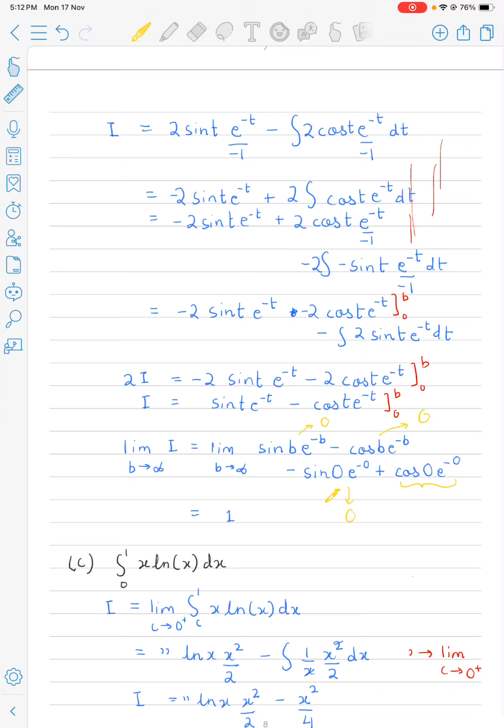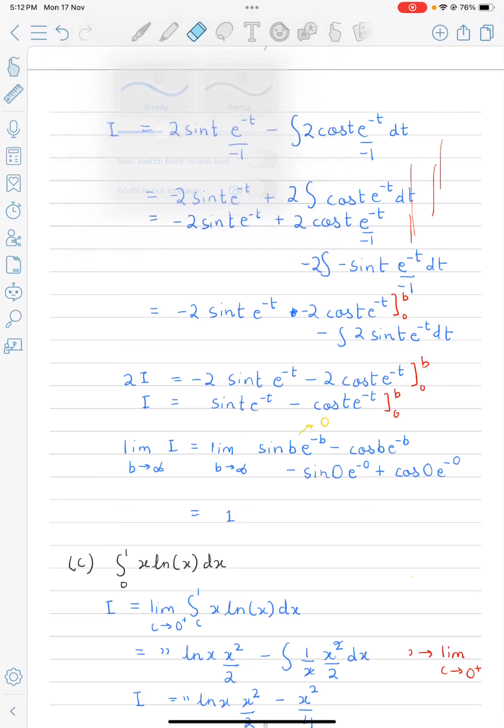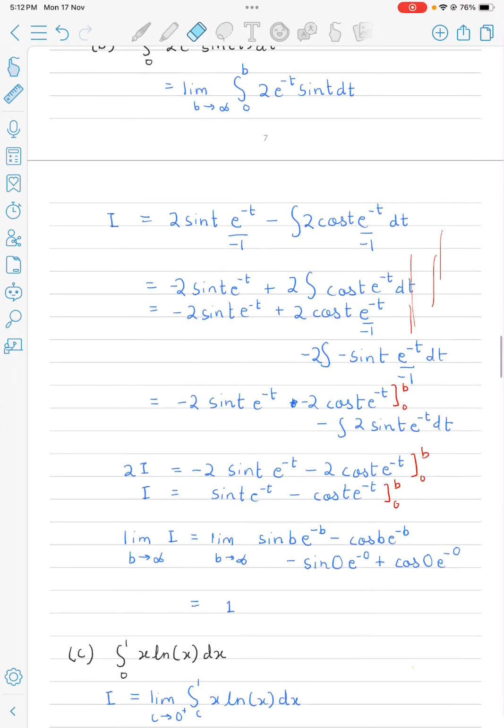This part is going to 1. Cos 0 is 1 and e to the power minus 0 is 1, right? So this one will be 1. So that explains this b part.